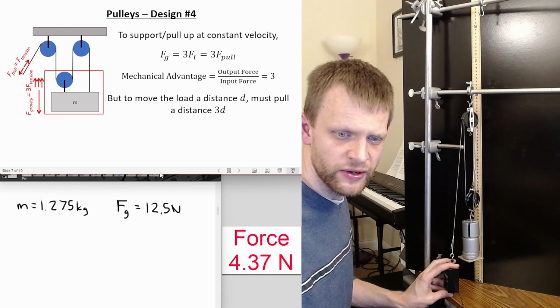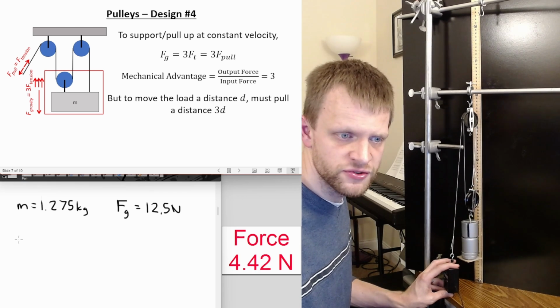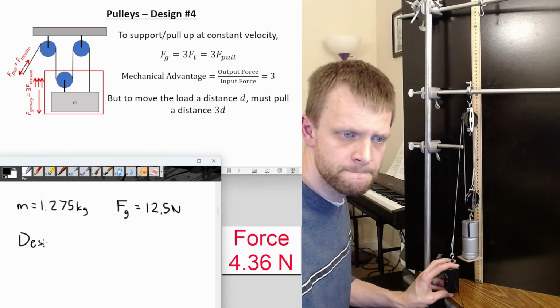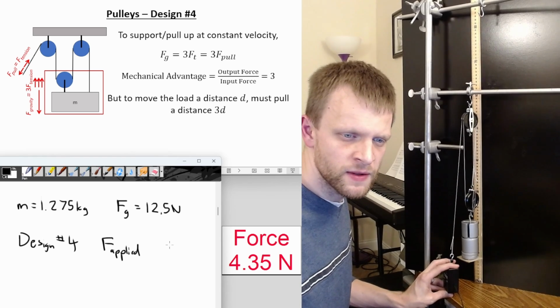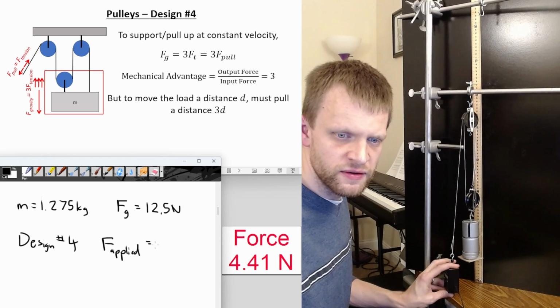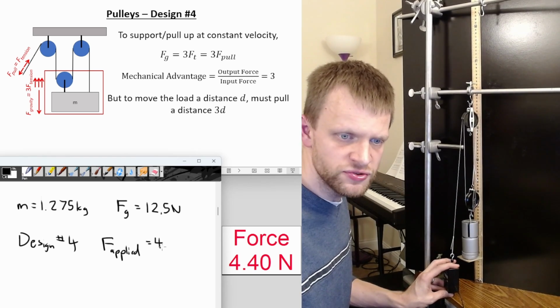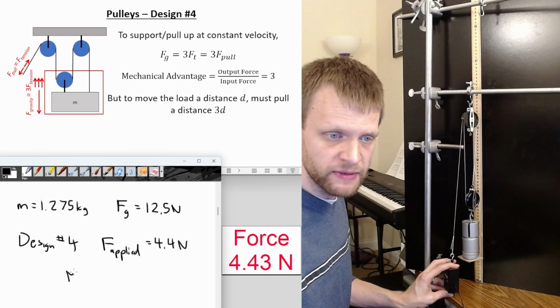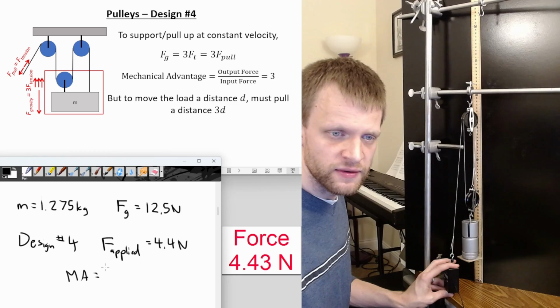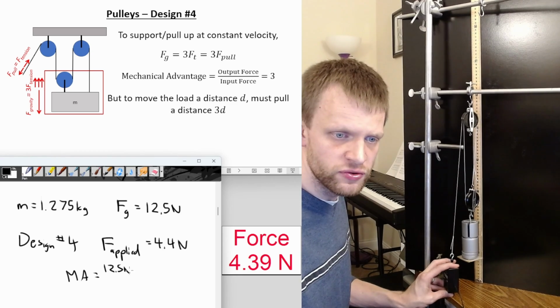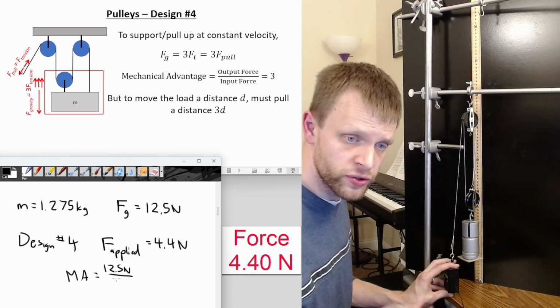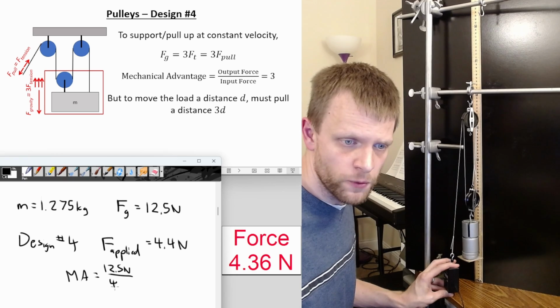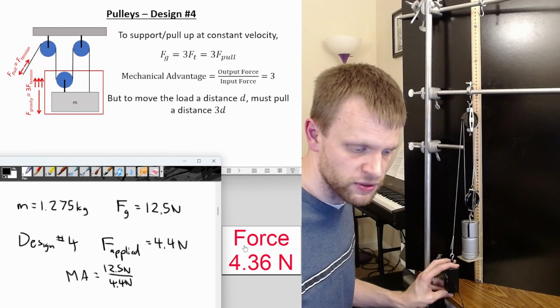So it looks like around 4.4. So this is design 4. The applied force is around 4.4 newtons. And when we measure that mechanical advantage, that's going to be the 12.5 newtons from the load divided by 4.4 newtons for the force applied.